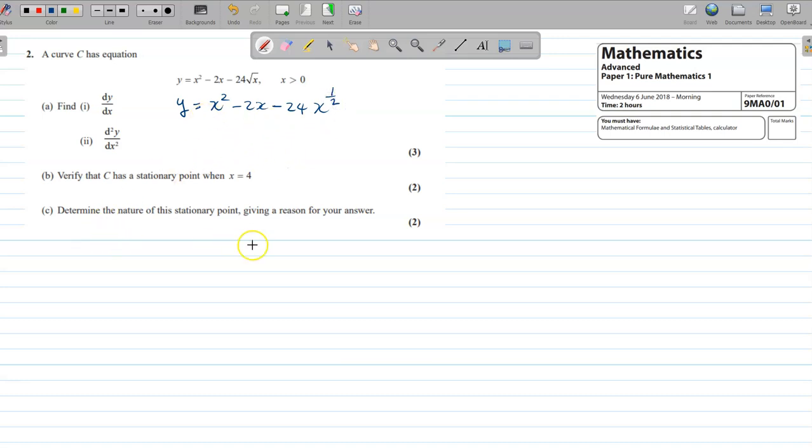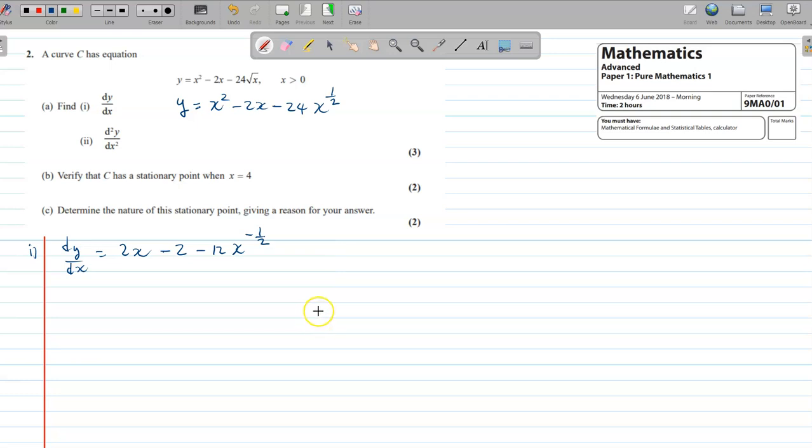And we can now find the first derivative, dy by dx. This would be 2x when we differentiate x squared. We get a constant there, 2. And that would be minus 12x to the minus 1/2.